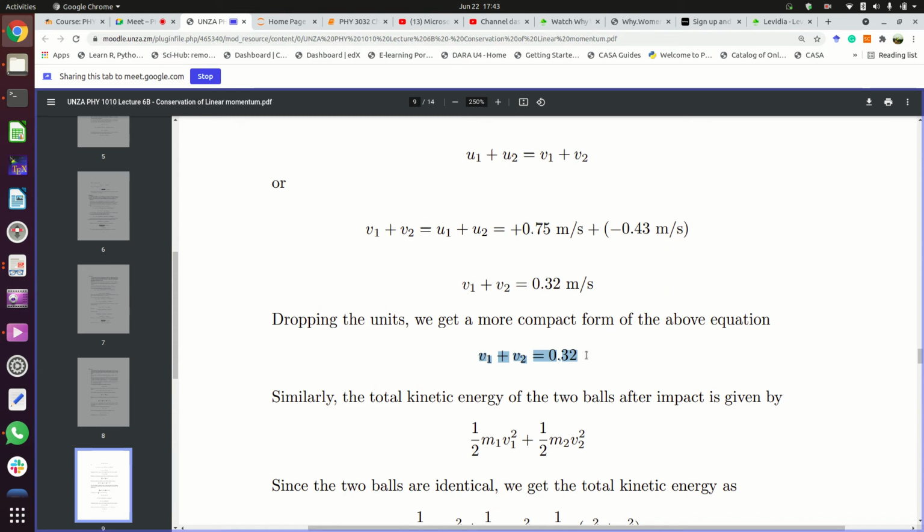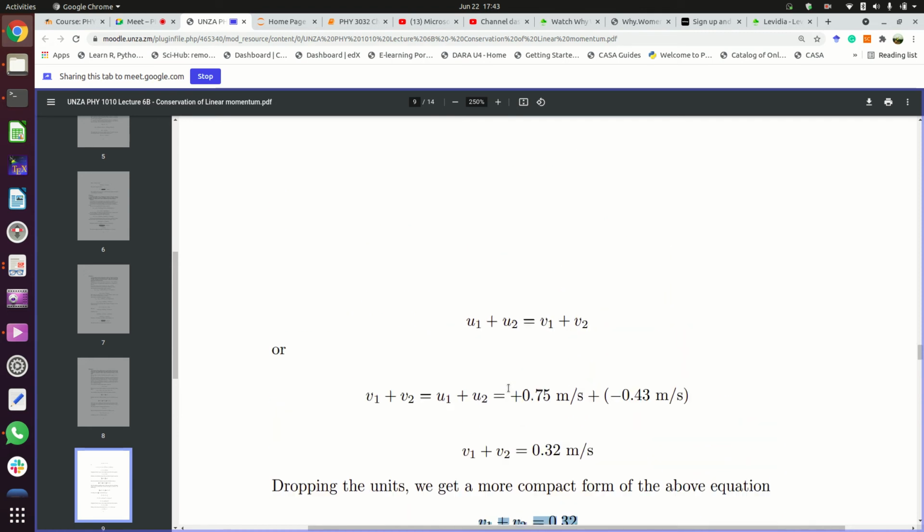However, we know how V1 and V2 are related now. We know that if you add V1 and V2, what you get is 0.32. So this is what we get from doing conservation of linear momentum. In this particular example, since we do not know the masses of these objects, things are not so straightforward.